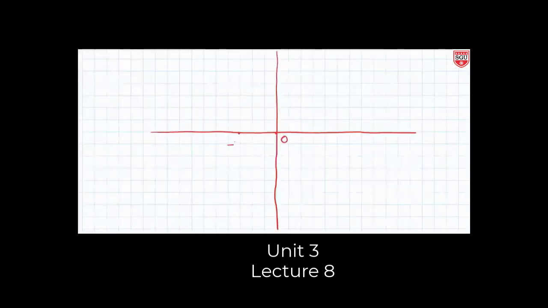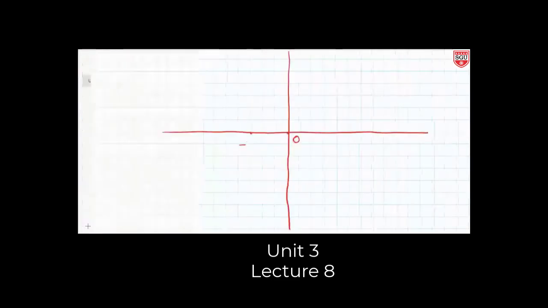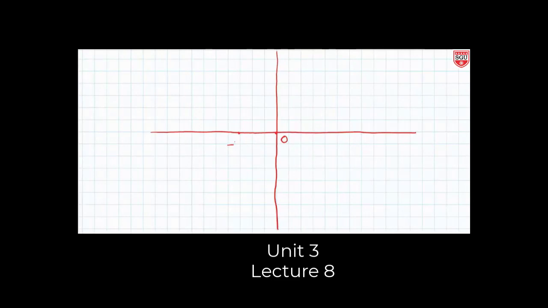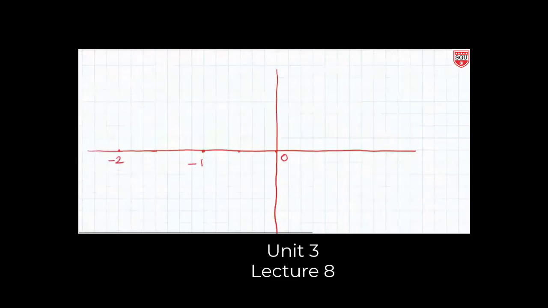Let's say I will take it little bit away. Here is -1. Here is -2. Then what we have to do? First, we are marking the poles. Here is first, here is second, here is third.